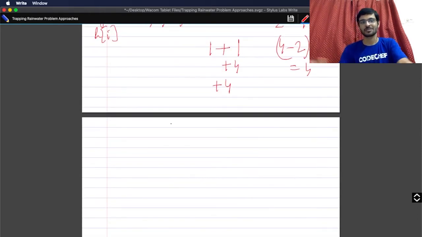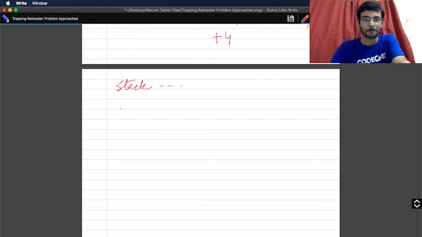But yeah, so let us see. We can initialize a stack initially. Yeah, so this is a kind of pseudocode, you can say. So for i equals 0, i less than n, i plus plus. Now what can we say?